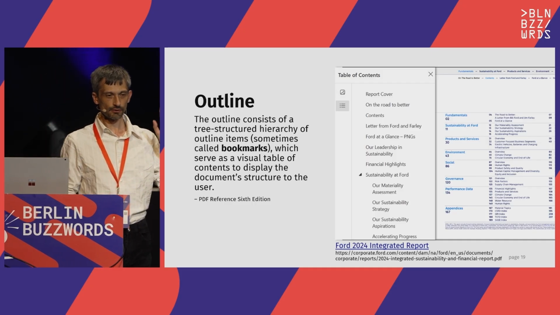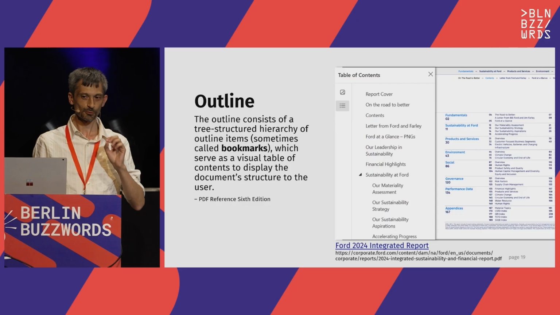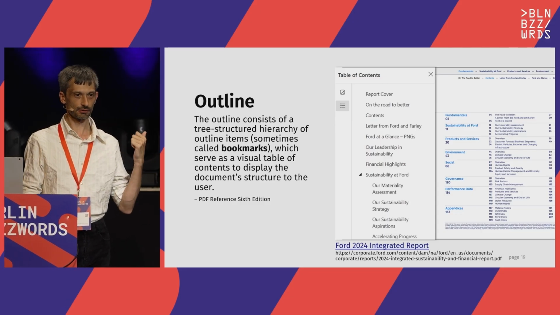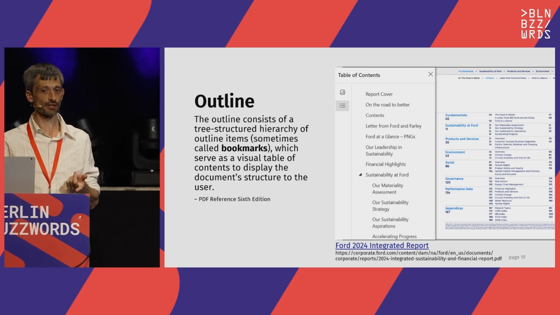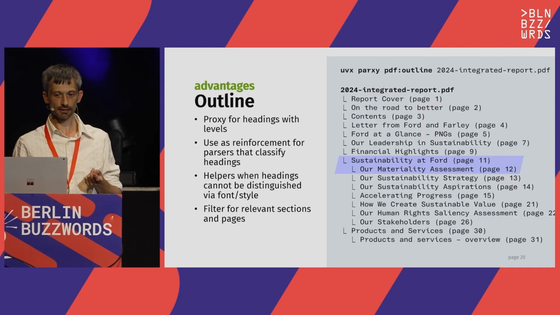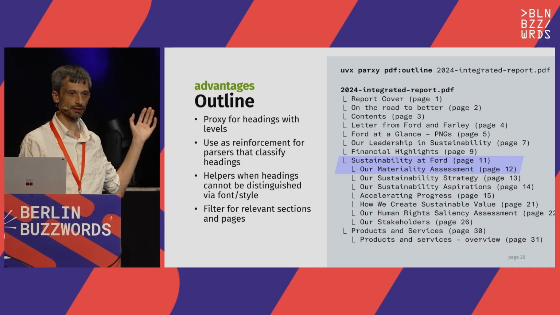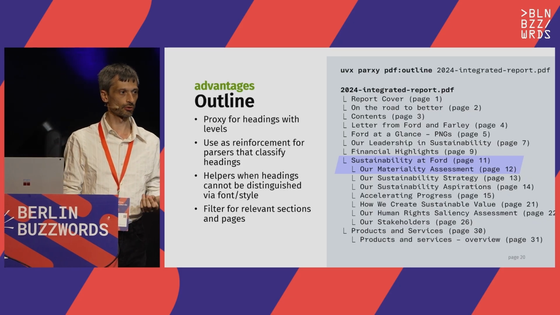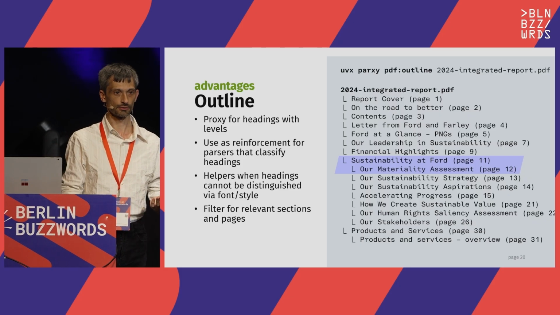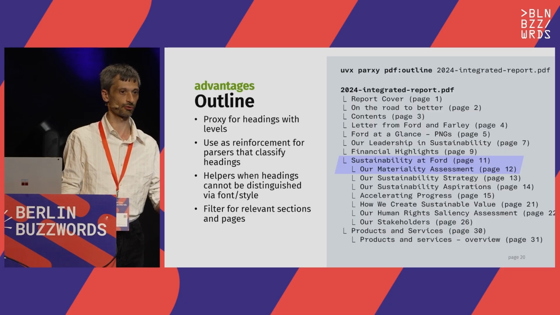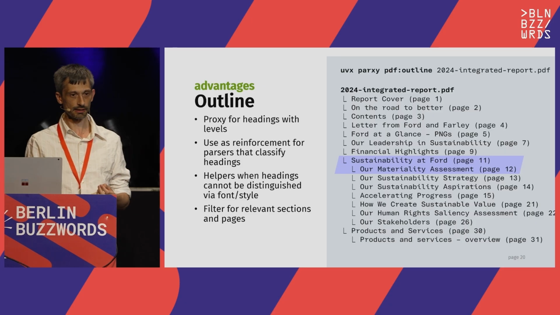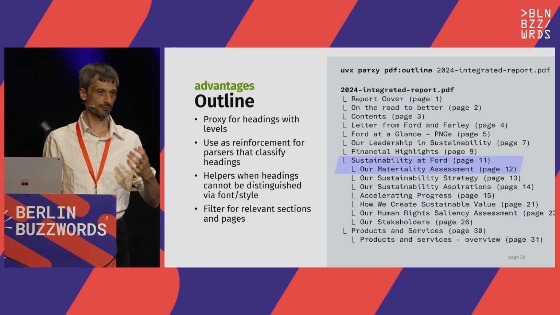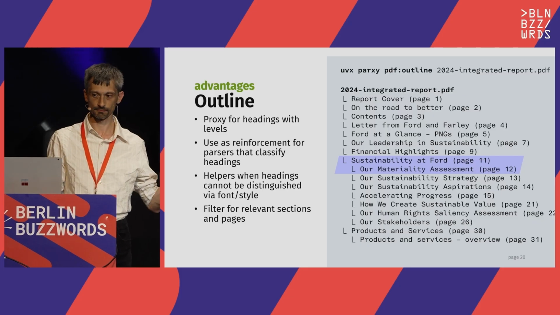Let's look at another thing that is invisible, but a bit less: the outline. We might see it for navigation, which is also good for us. In this case, the outline extracted from that previous document could be used as a ground truth for headings discovery. So you don't have to discover headings from OCR and things like that, but you can use it as a source of information on the intention of the user.